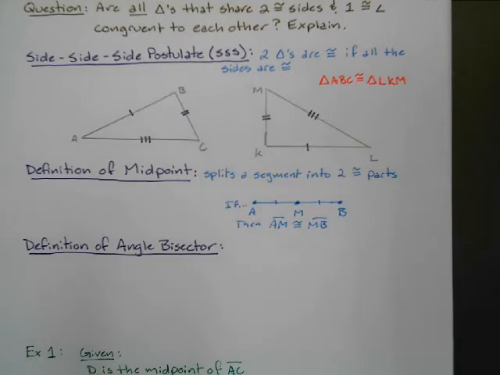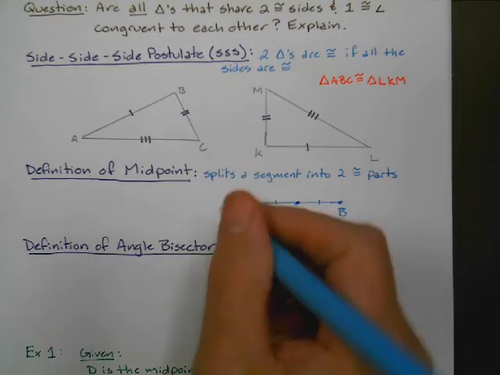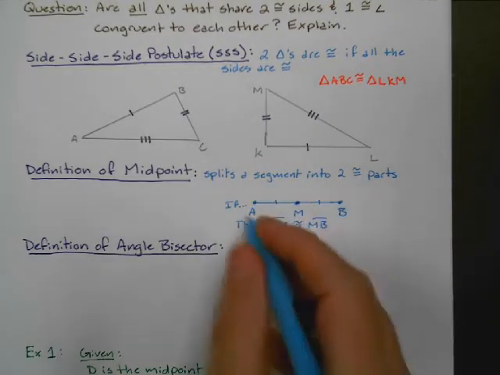All right, next one is an angle bisector. Kind of like a midpoint for angles, really. An angle bisector splits an angle into two congruent parts.